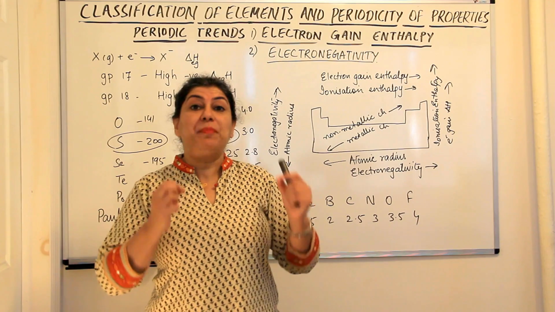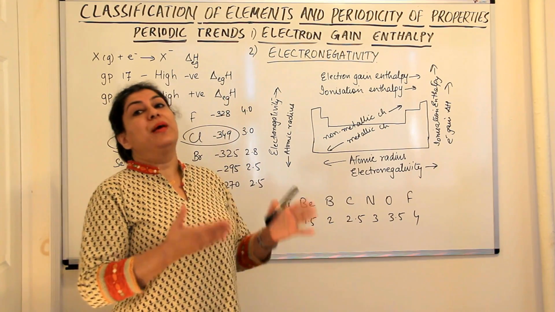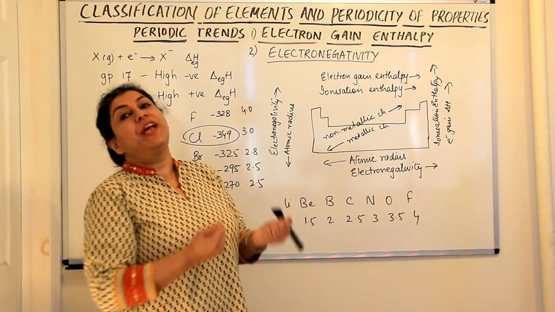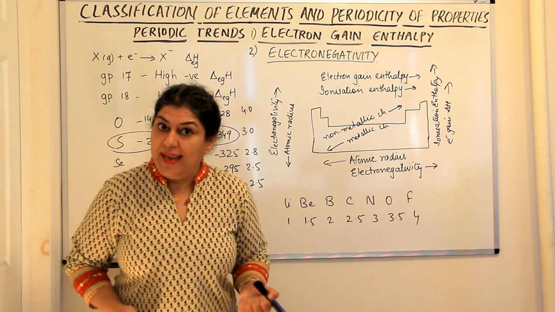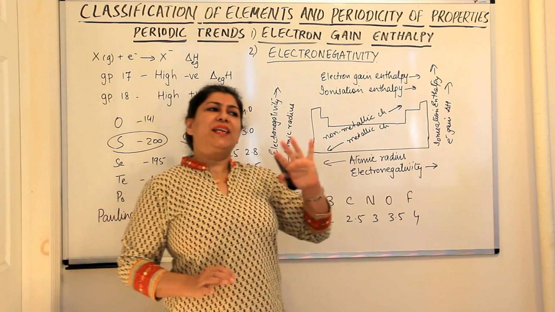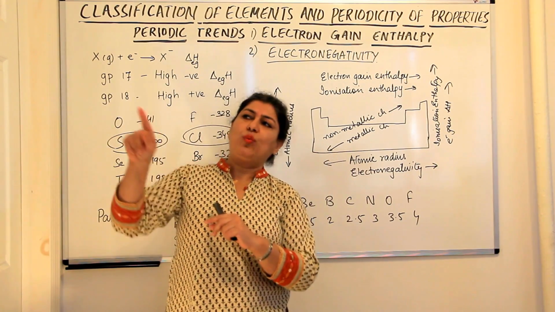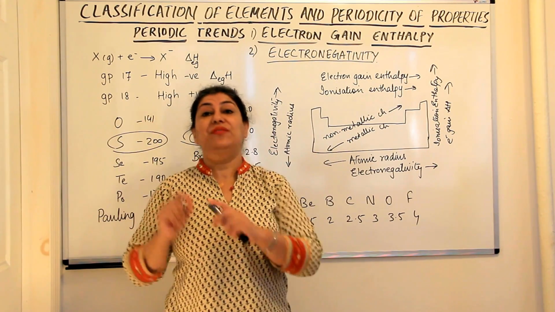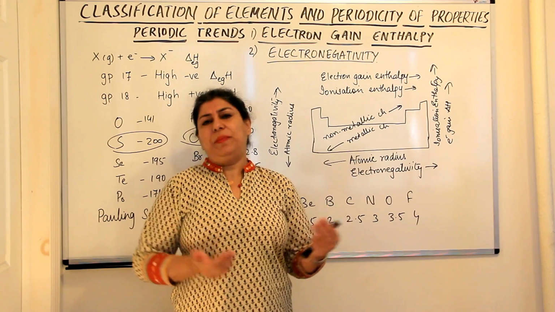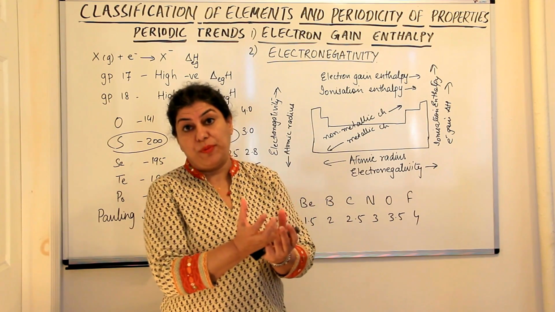That is the property by virtue of which an atom has a tendency to pull a shared pair of electrons towards itself. So you can grade all the elements, and you would expect one element to be more electronegative than the other, and the expectations are right because of whatever properties we know.